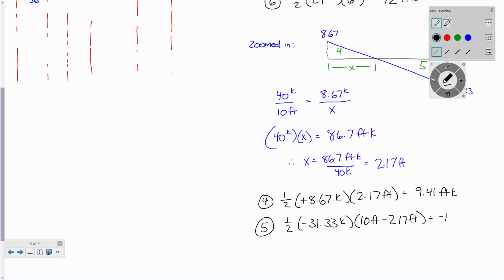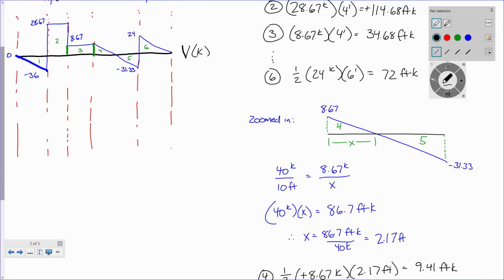I'm going to trust you. So far, so good? Okay. If that's the case, then I'm going to go ahead and draw a line right here and start my moment diagram.